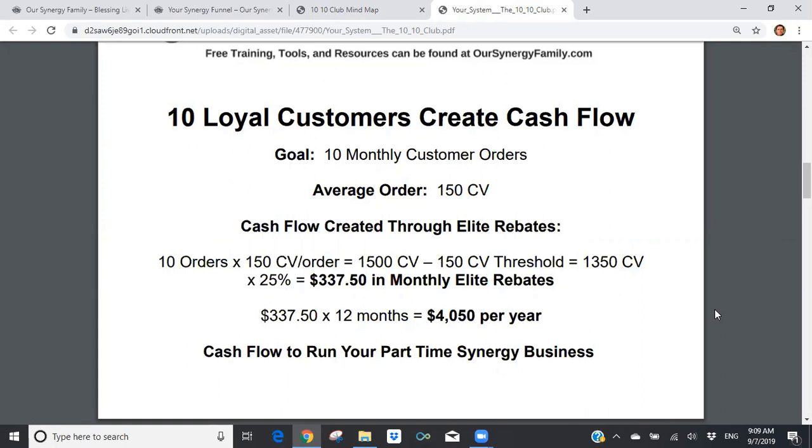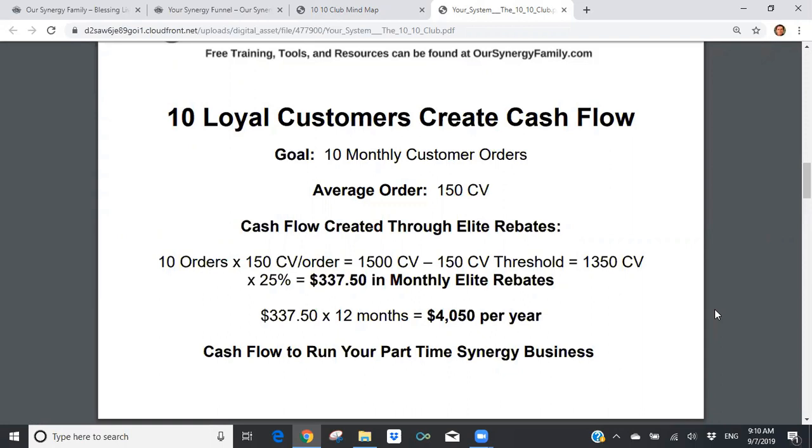But the nice thing in the Synergy compensation plan is that as you add customers to your Synergy organization, those customers get their own Synergy ID number, but they are tied to your tracking center one. That means that every time those customers go and order, the CV volume of their order is attached to your tracking center one, which means that you're able to then earn elite rebates.